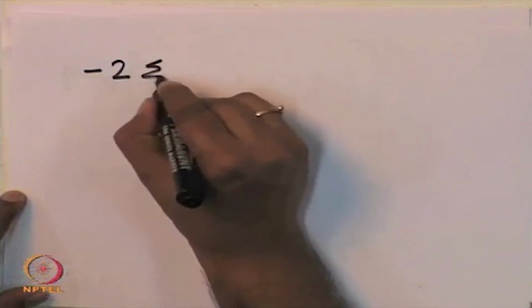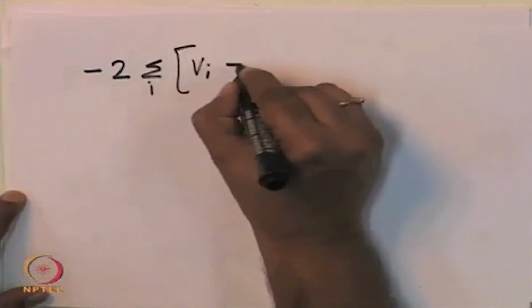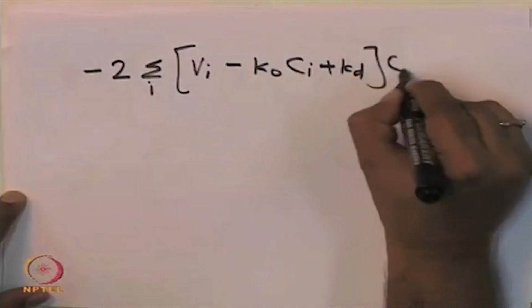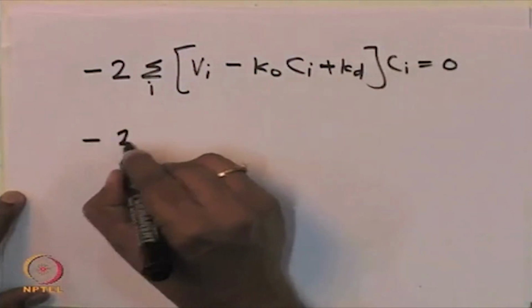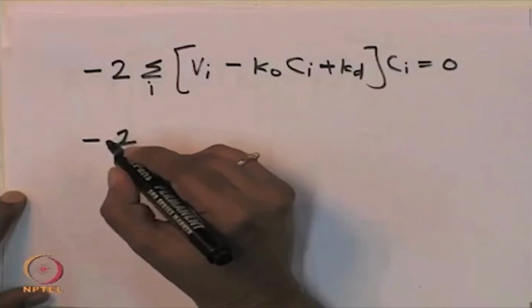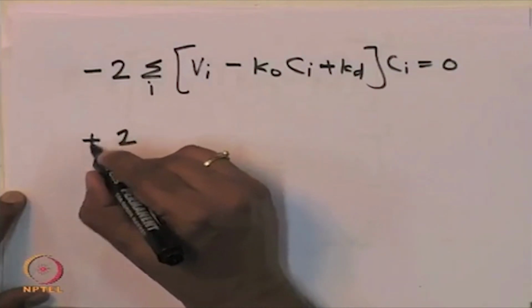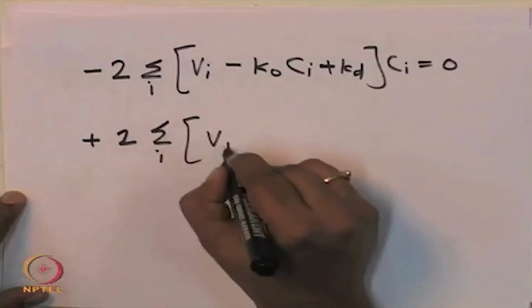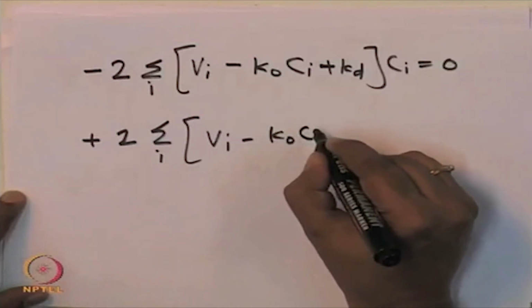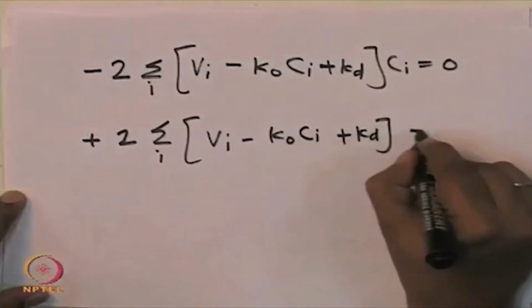Okay, so what we get is 2 equations. Let me write these 2 equations a little more carefully. The 2 equations are: minus 2 sum over I of V I minus K 0 C I plus K D, into C I, equal to 0; and plus 2, if you wish, plus 2 into sum over I of V I minus K 0 C I plus K D equal to 0.